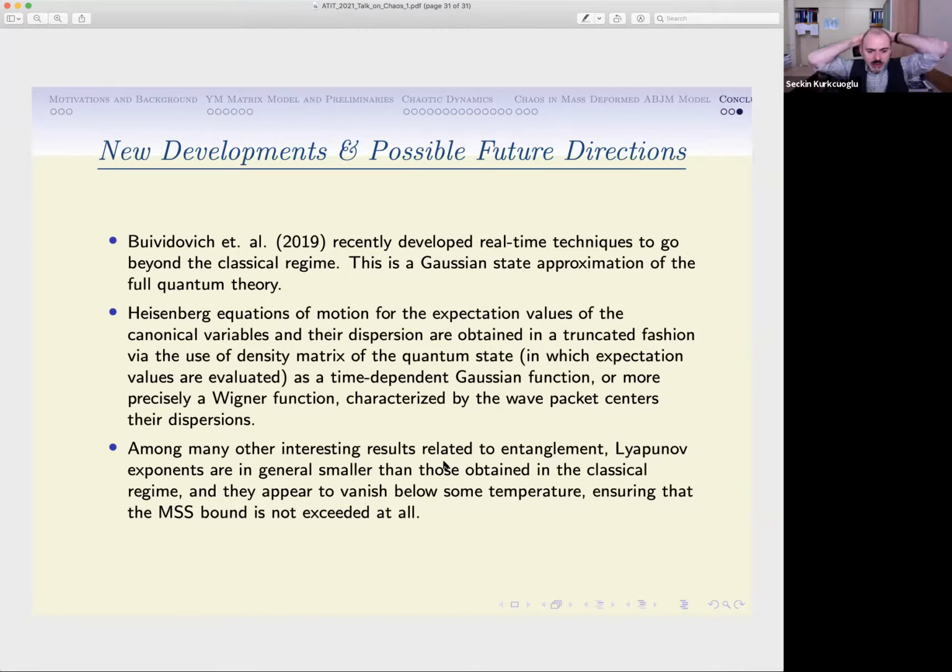There is also some work, and Vujvodovich is also discussing that, on how the real-time results they get in understanding the passage from chaos to non-chaos can be reflected as a phase transition.